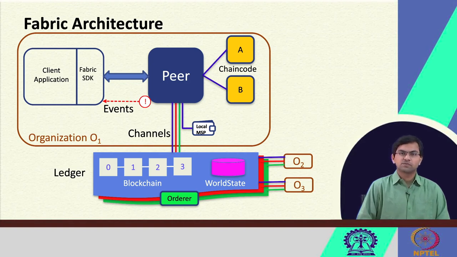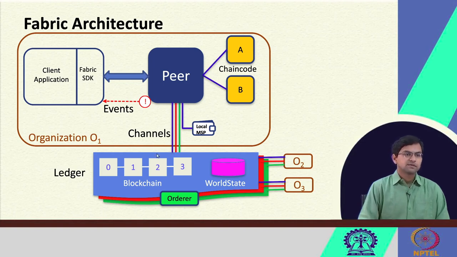Suppose organizations 1, 2 and 3 want a shared ledger among themselves, and they don't want organizations 4 to 10 to look at that ledger or have permission to access it. Then organizations 1, 2 and 3 can do that by forming channels.